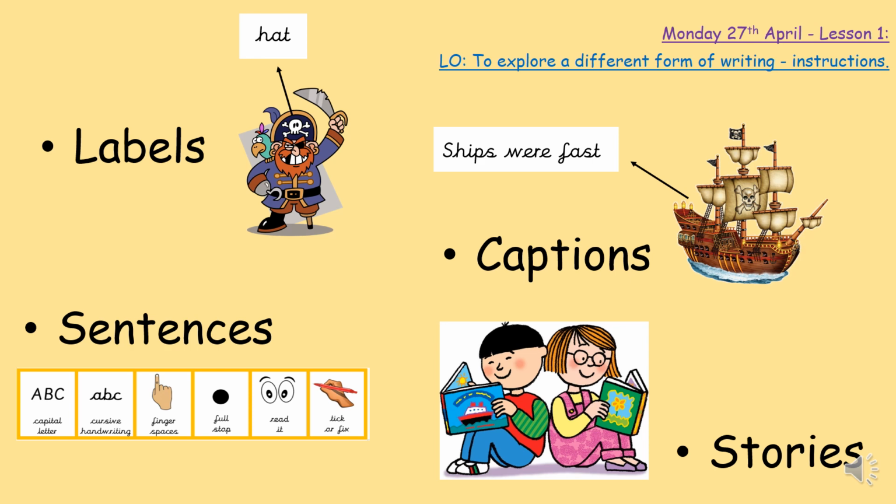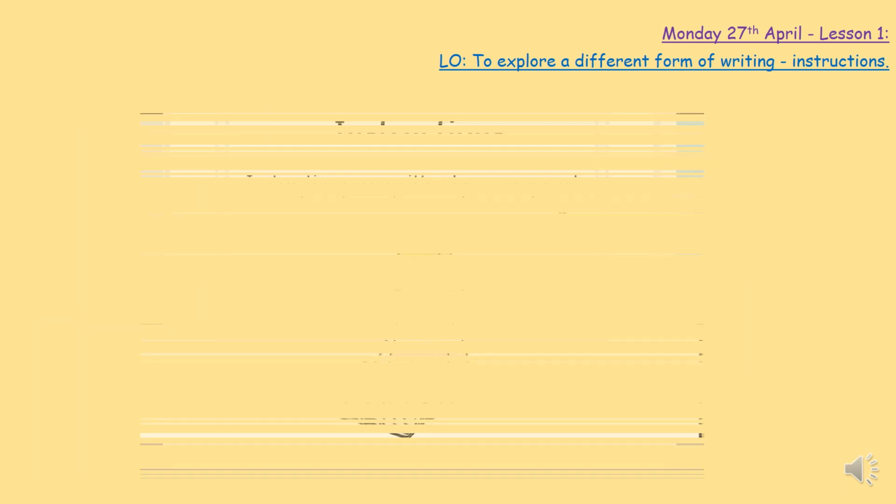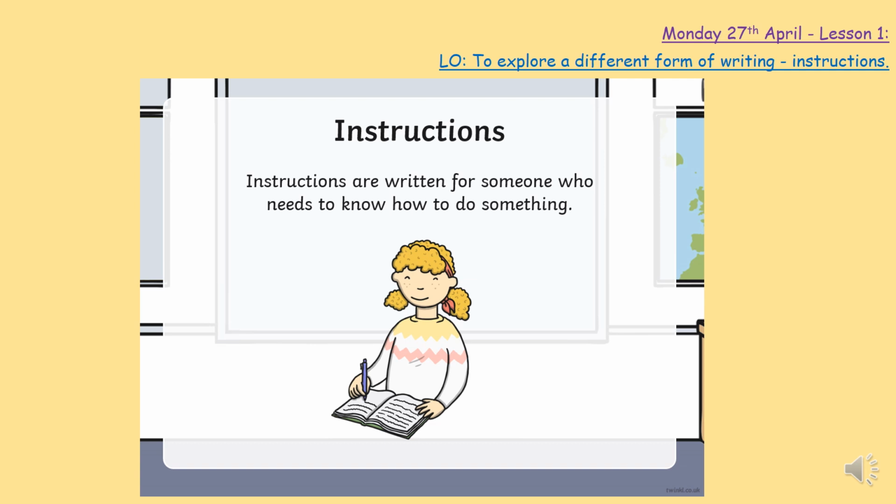But now we're going to be looking at something called instructions. So first of all, what are instructions? Instructions are something that is written down for someone who needs to know how to do something. So instructions tell us what to do, and we often talk about it at the Coombes that we need to follow the instructions.